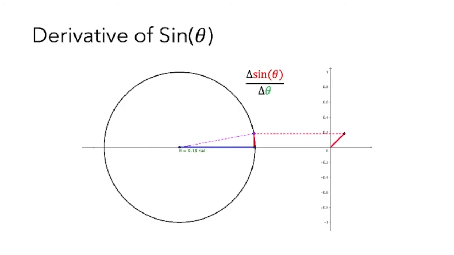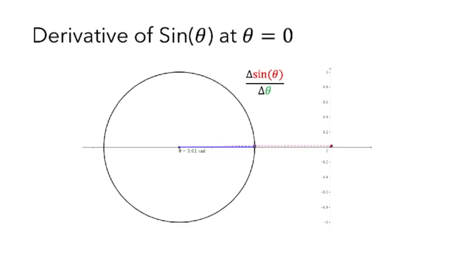Let's think about the derivative when theta equals 0. Let's look at what happens when we start to increase theta by a little amount. In particular, think about how the length of the opposite side of the triangle grows in comparison to the measure of the angle. As theta increased, the length of the adjacent side, the blue line, did not change.